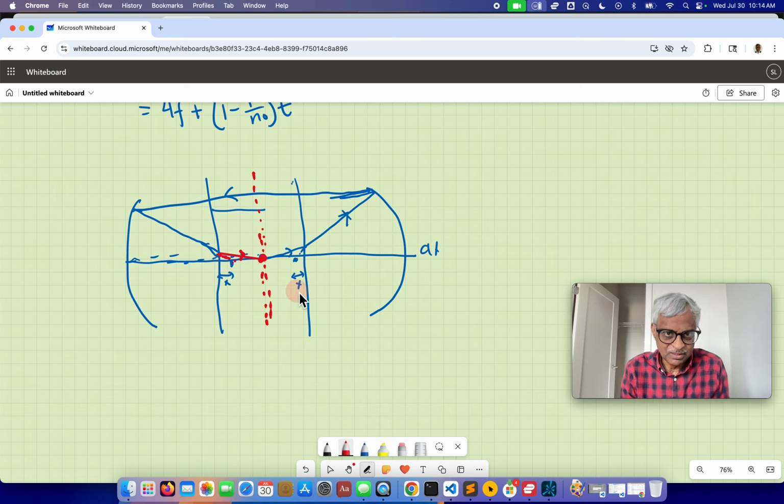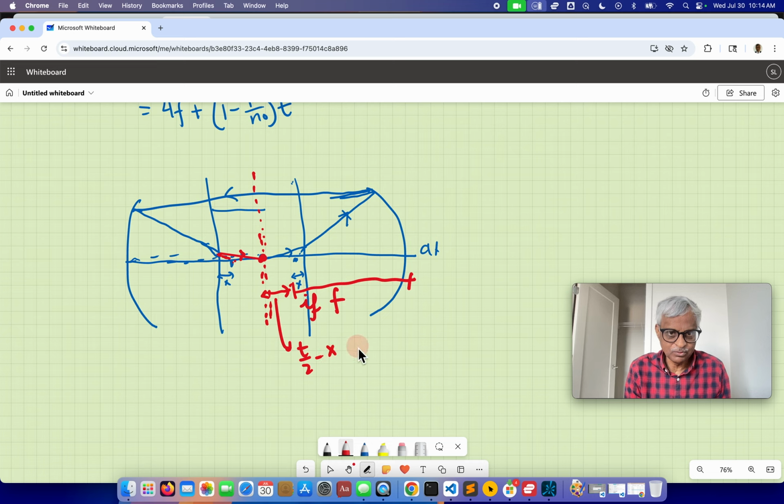That means this distance from here to here is not r but just f. So this will happen if this distance is f. So we already know this distance will be t over 2 minus x, which is t over 2 minus t over 2 n0.